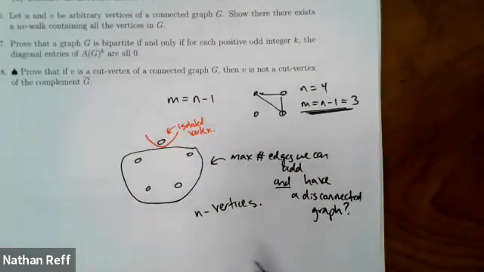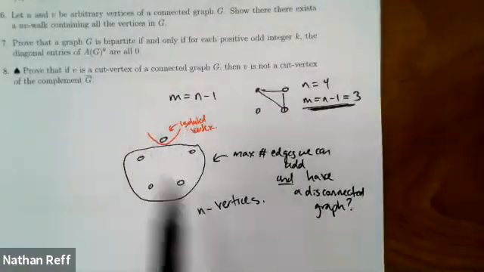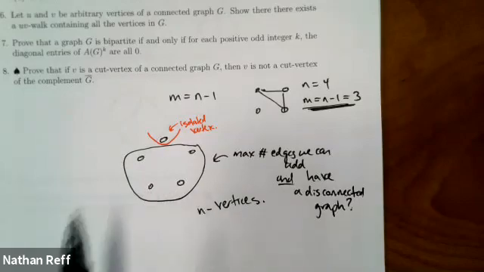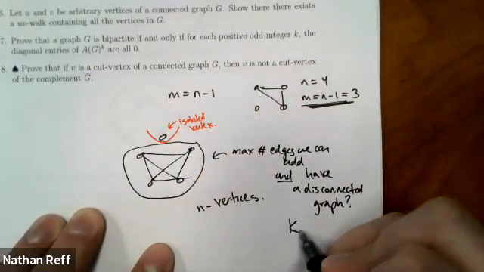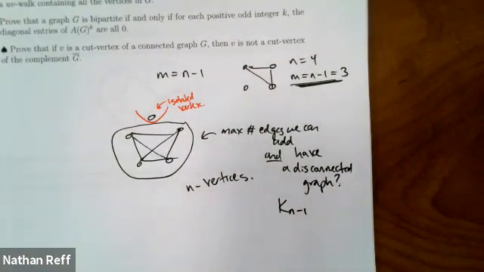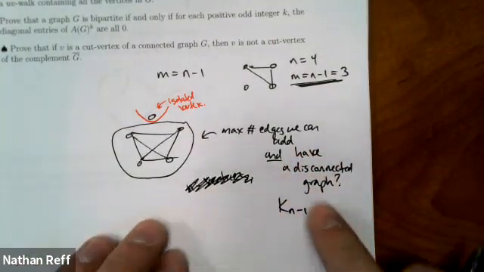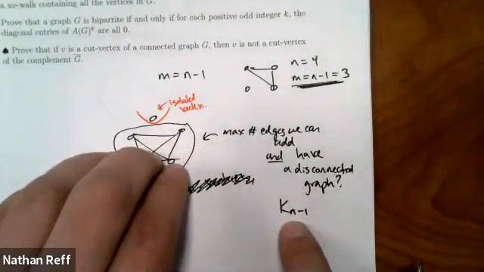What you could do is say, let's not connect anything to this red isolated vertex, but let's maximize the number of connections here. That would be a complete graph, right? You would end up with a complete graph on n minus 1 vertices, and then you'd have that isolated vertex. So the maximum number of edges that you can have and still be disconnected is K_{n-1}.